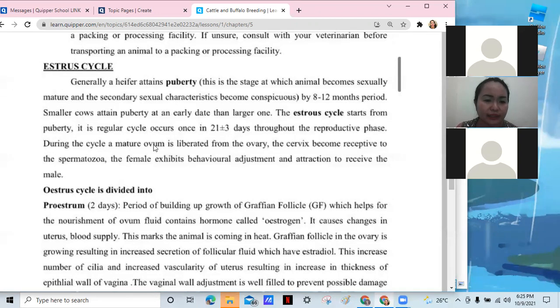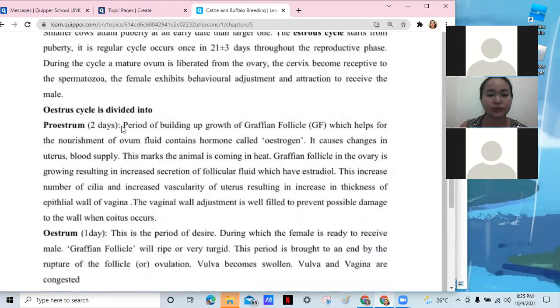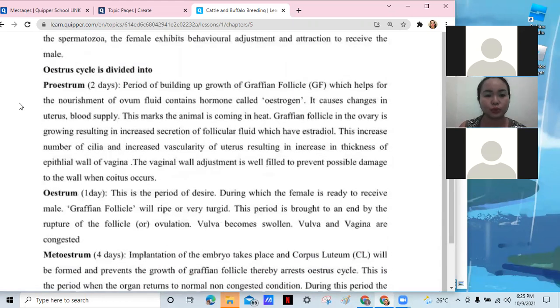So during the cycle, yung mature ovum is liberated from the ovary, then the cervix becomes receptive to the spermatozoa. The female exhibits yung mga behavioral adjustment, attraction to receive the male. So it is actually divided into two.